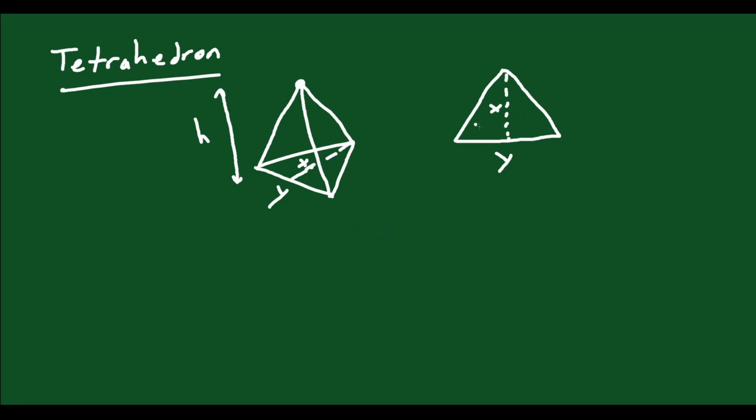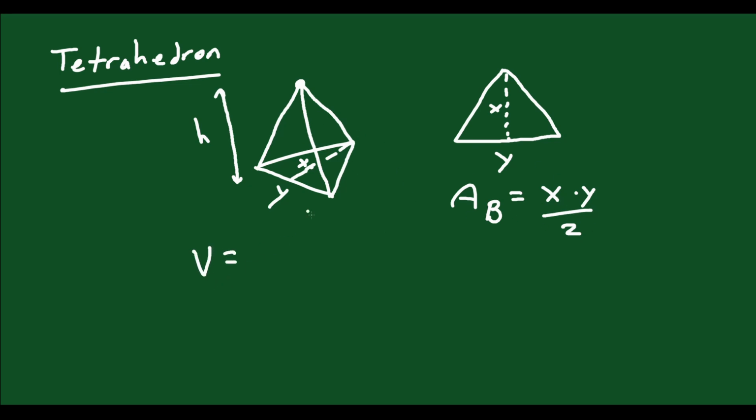Okay, so now for this one, if you want to find the area of the base, call that AB for area of the base, it would be x times y over 2, right? Base times height over 2. You could then use this in the volume equation for this thing, right?